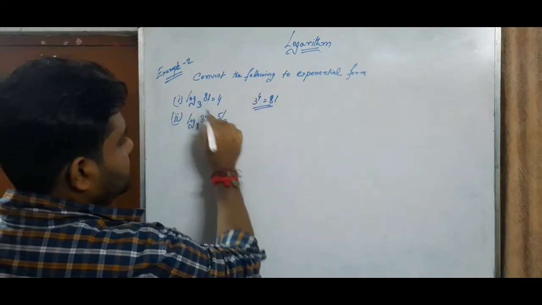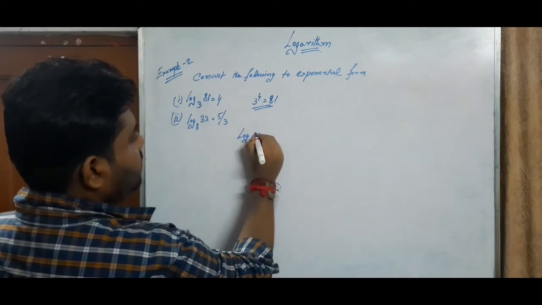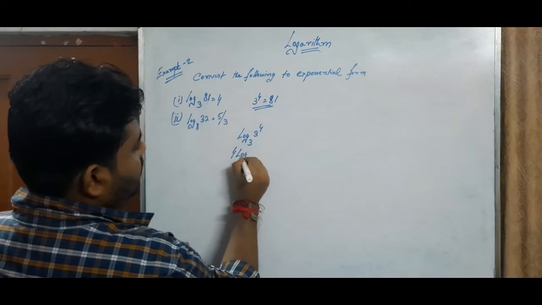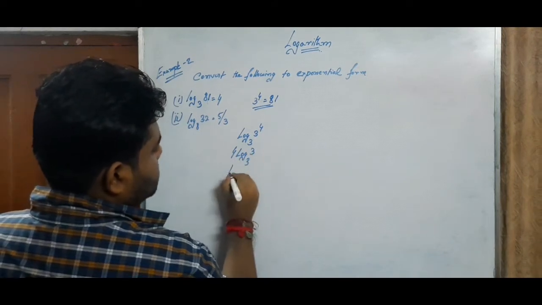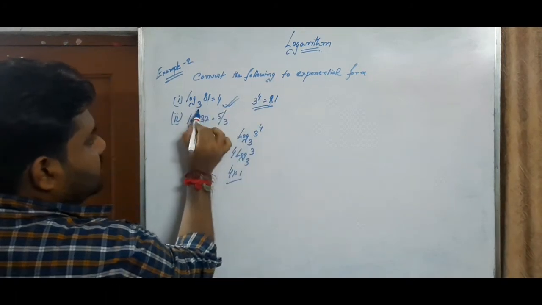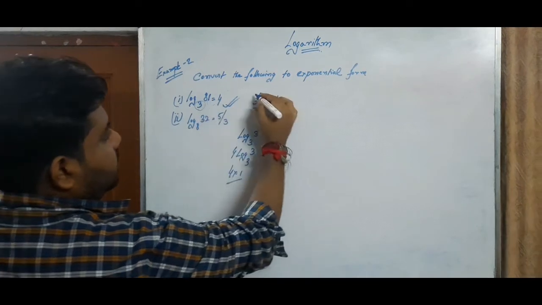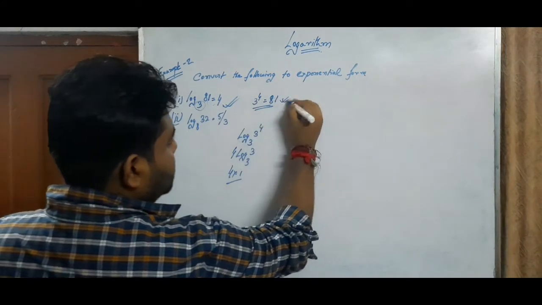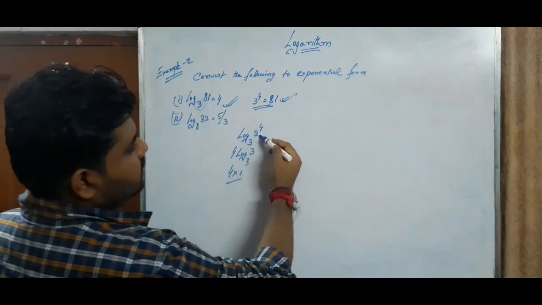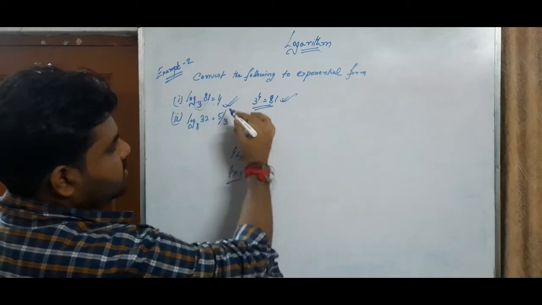How? Just see. Log 81 base 3, we can write 3 to the power 4, that is 4 log 3 base 3, that is 4. Okay, so we can get this. So we can write the base will come here and 4 will be the power of this 3. That is log 3 base 3 to the power 4. That is the power will come first, that is 4 log 3 base 3, that is 4.